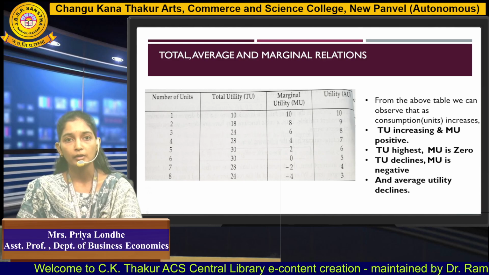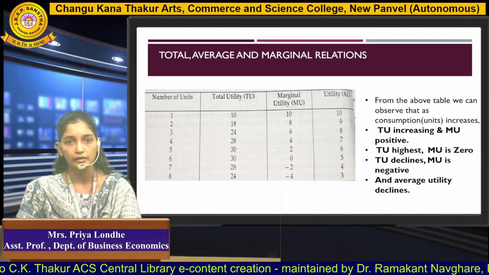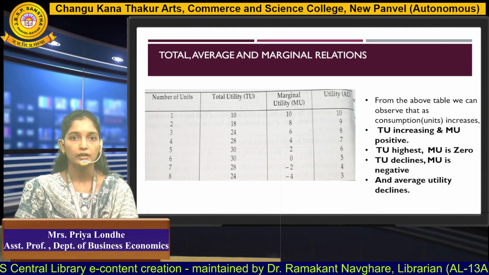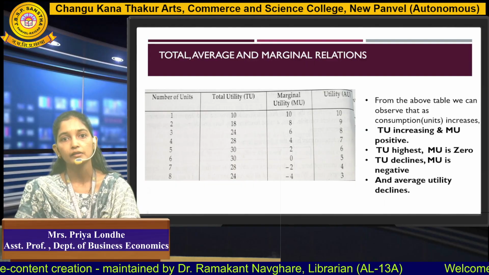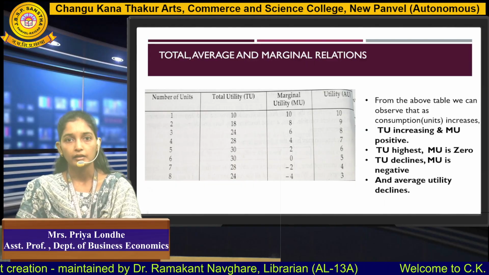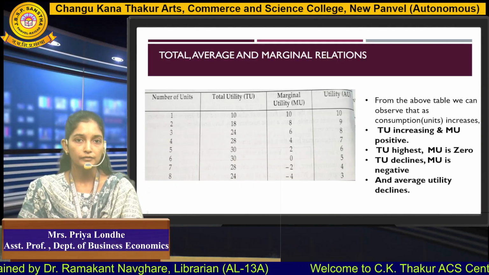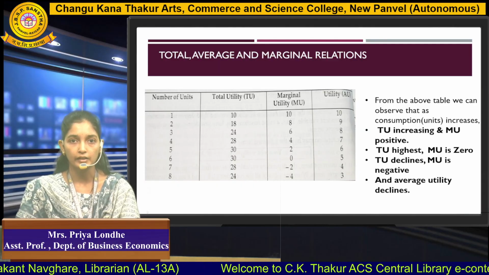As the consumer consumes more and more units, total utility goes on increasing, like 18 to 24, 28, 30, and it becomes constant at some point, and then it starts decreasing. The reason is that the consumer is satisfied after some point, and then his utility is decreasing.